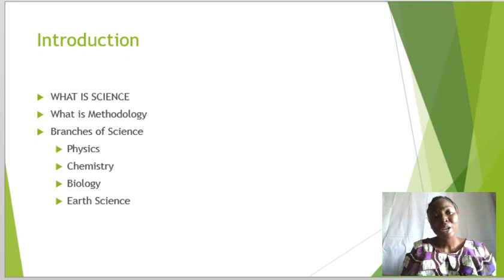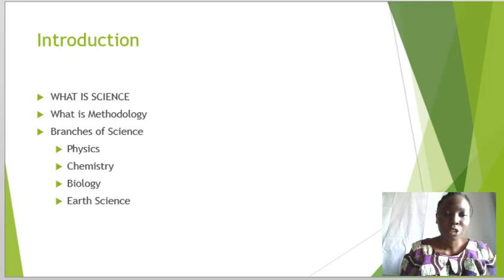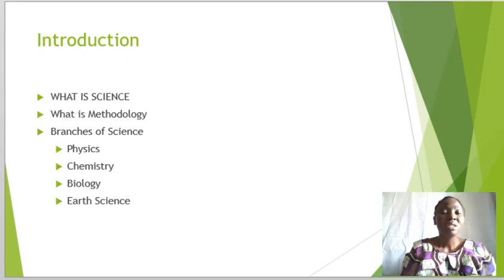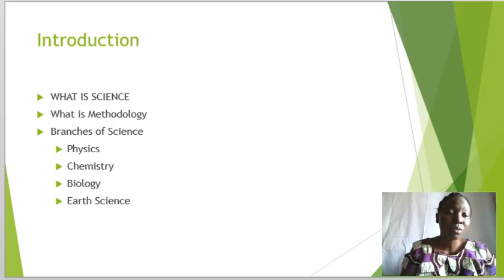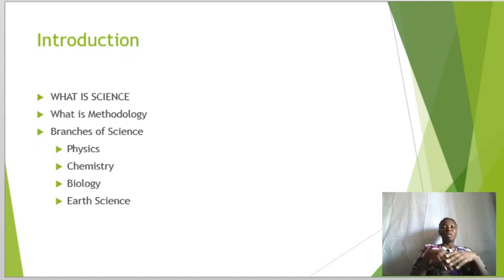So if you are to define what science is, I would say science is a study of physical and natural world through observation and experimentation. It is also the systematic study of the structure and behavior of the phenomena always seen around us through experiments and observation.